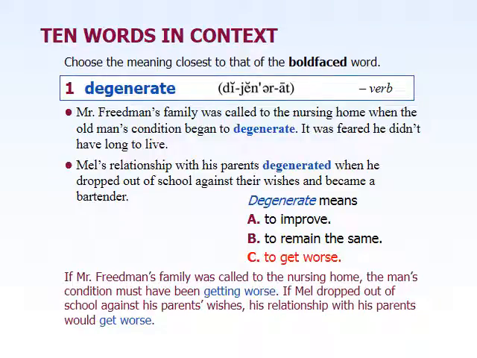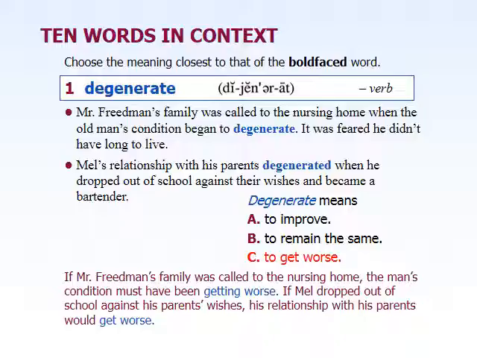If we look at this word, it's got a couple of word parts here. The D is the same as in decrease. So we have decrease and increase. Increase means to go up, decrease means to go down. In this case, D is attached to generate, and generate means to make something, right?